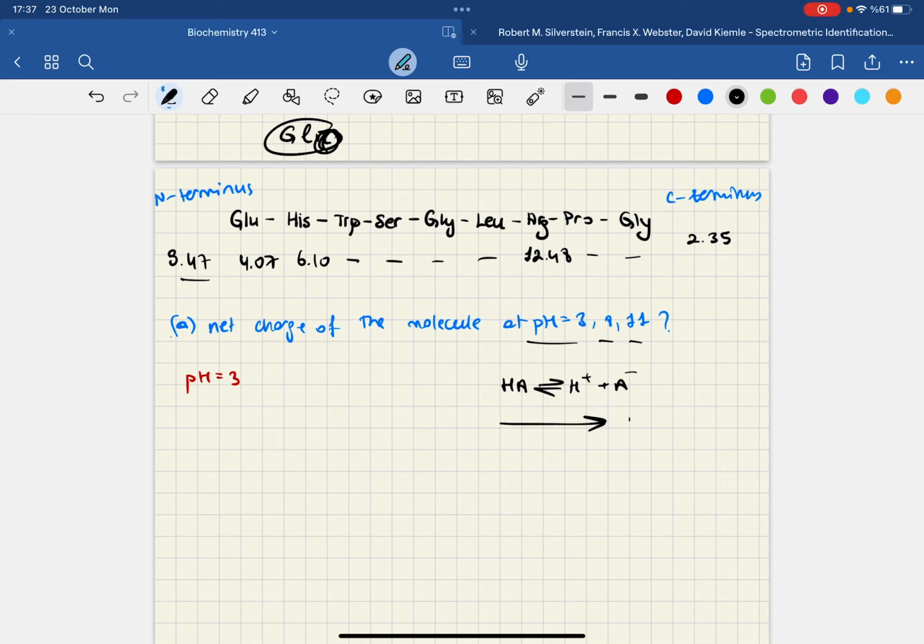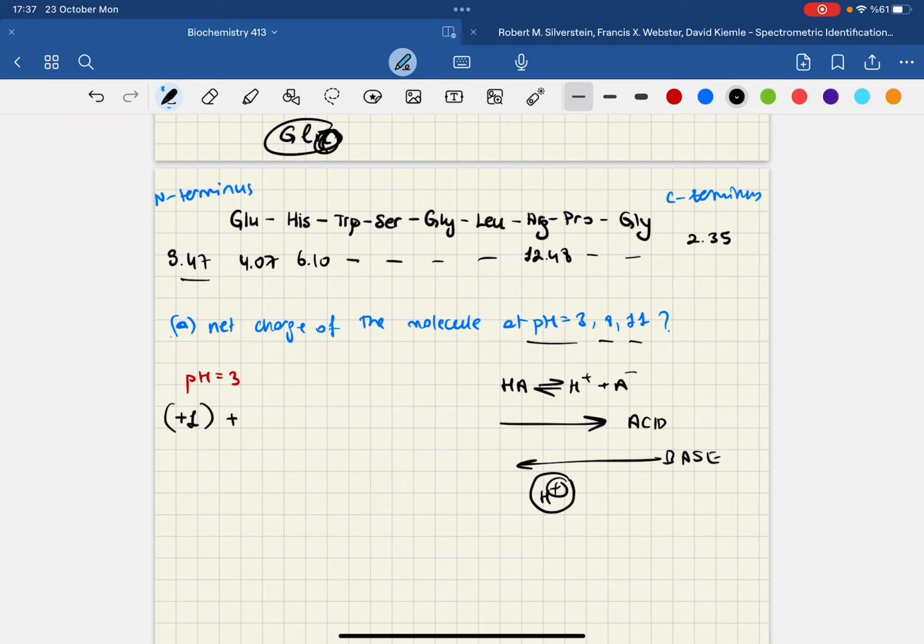This is the way an acid goes, and this is the way a base goes, all right? Since a base takes a hydrogen atom, and a hydrogen atom is positively charged, we will write +1 as its charge.